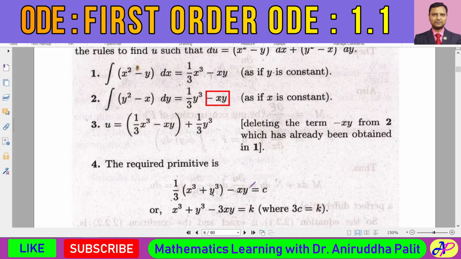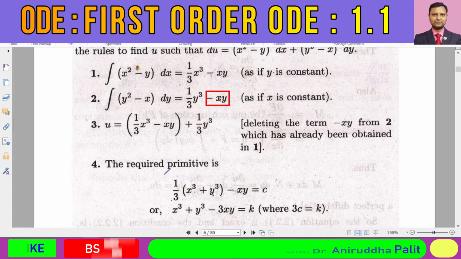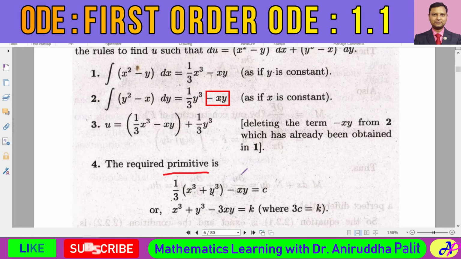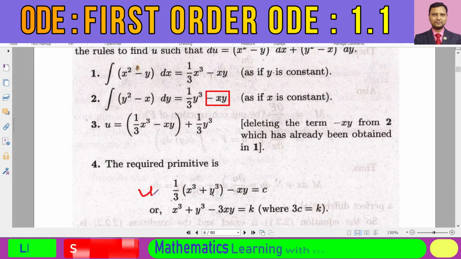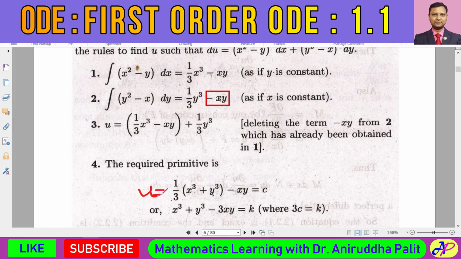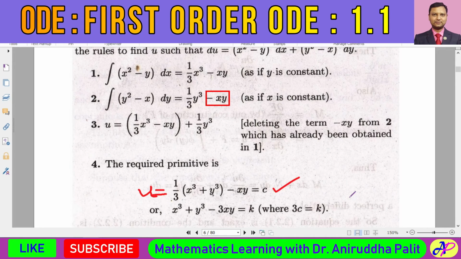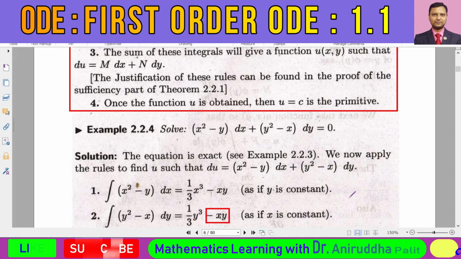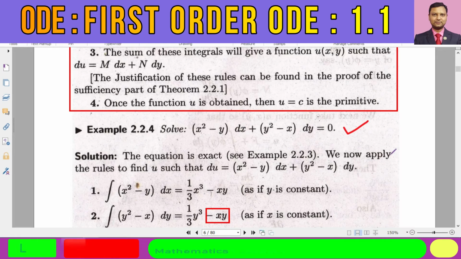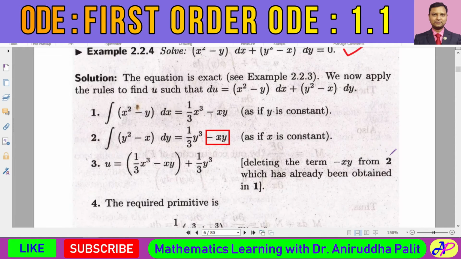And what would be the final solution? The solution is also sometimes called primitive. So the solution will be u is equal to constant. Over here, this is the expression of u. So the solution is u is equal to this kind of constant. So in this way, you can compute the solution of this kind of differential equation whenever the differential equation is exact.